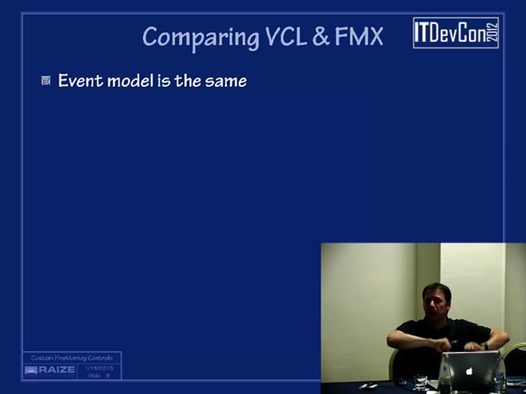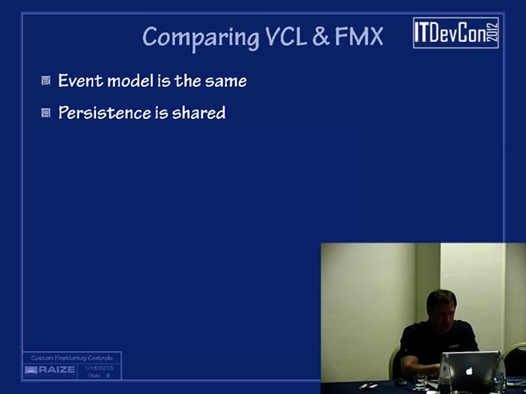When I get clicked, I'm going to call somebody else to do the actual work. It's delegation through events. And the event model is the same both in FireMonkey and the VCL. So great, that's one less thing we have to worry about that's different. Persistence is shared between the two. It's the same streaming format, same concept. Basic classes like TCollection and TCollectionItem exist on both sides and do the exact same thing.